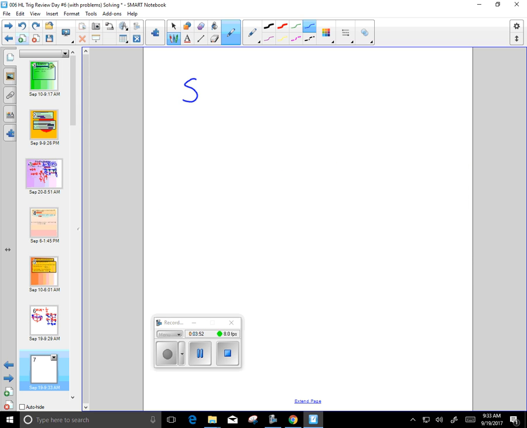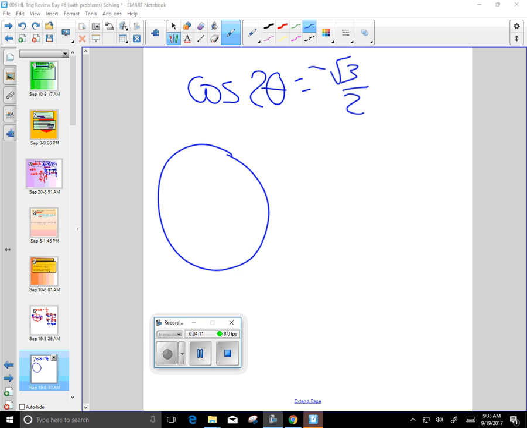Let's do cosine 2 theta is equal to, oh no, am I going to do this? It's too cruel. Square root of 3 over 2, but negative. What's wrong with me? Circle, yep. 2 on the regular circle. So square root of 3 over 2, that's the cosine, that's the x.